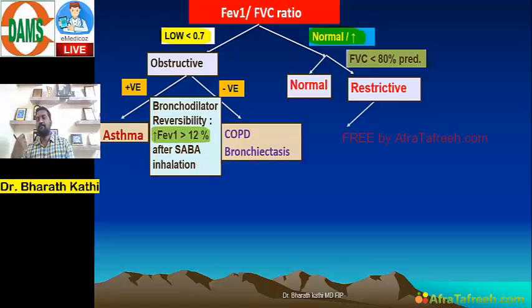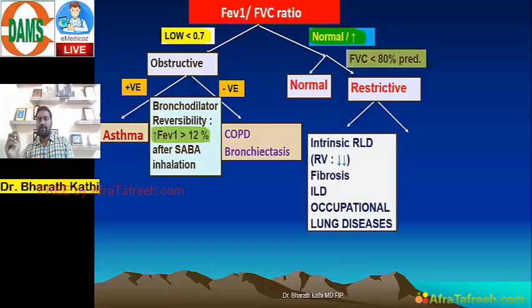Then if it is restrictive lung disease, is the restriction happening within the lung, a parenchymal restriction where residual volume will be less, or extra parenchymal? The restriction is either due to some chest wall disorders or due to some neuromuscular disorders. In intrinsic restrictive lung disease, the residual volume will be predominantly reduced, such as fibrosis, interstitial lung disease, occupational lung disease.